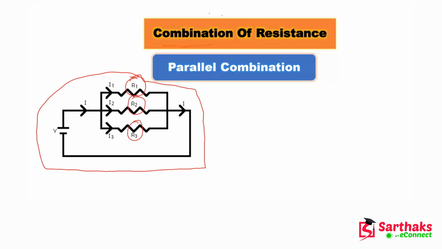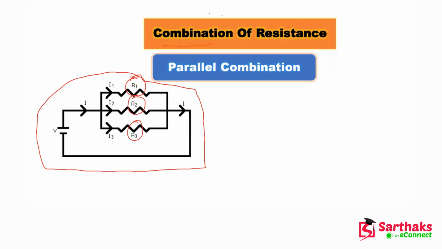These are the same resistances as we connected in the previous slide, but that time the connection was a series connection. Here the connection is a parallel connection. So in this case, we have to calculate the combined resistance.